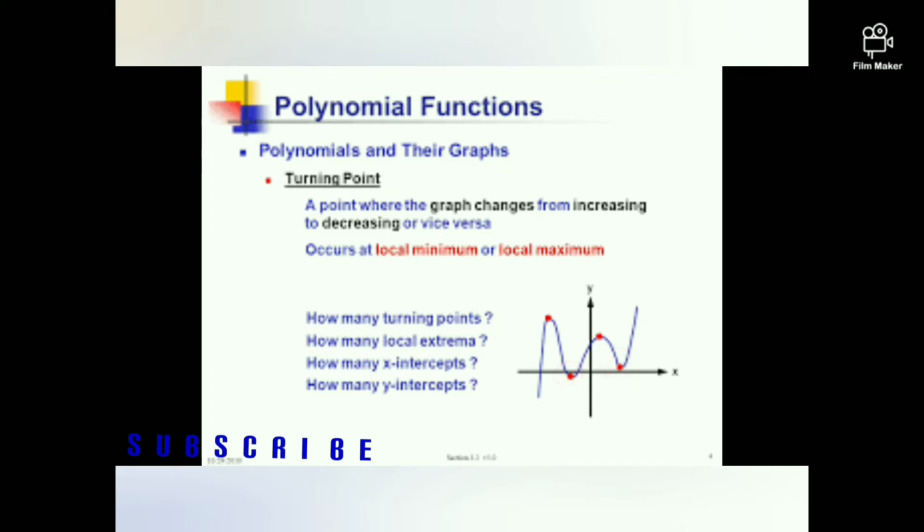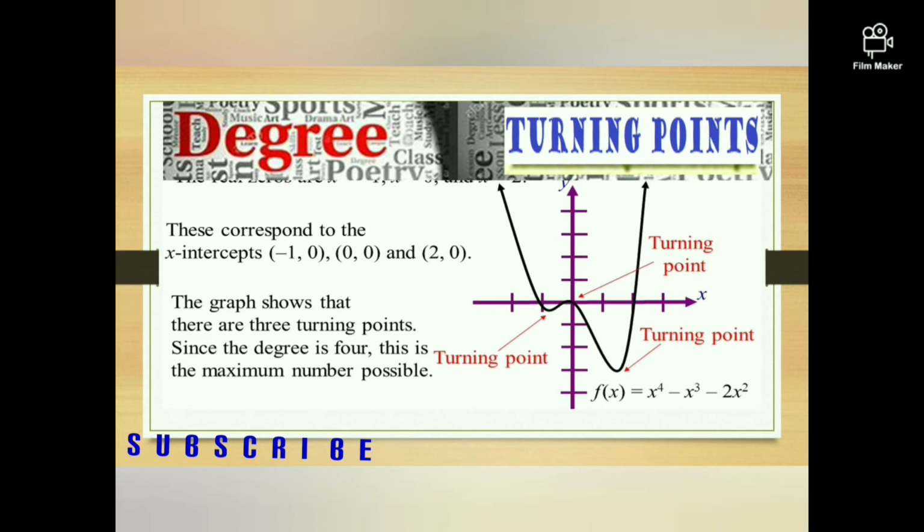How many x-intercepts, where y is equal to 0, or points that pass through the x-axis? Yeah, it's 3. How many y-intercepts, where x value is equal to 0, or point passing through the y-axis? Only 1. Right.